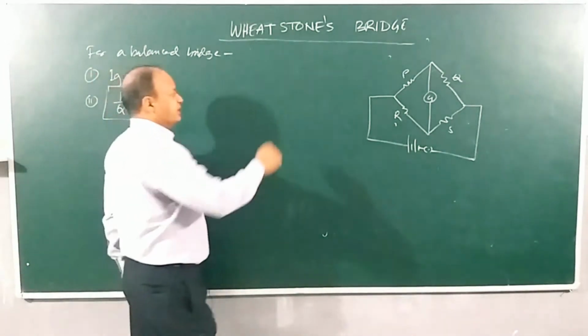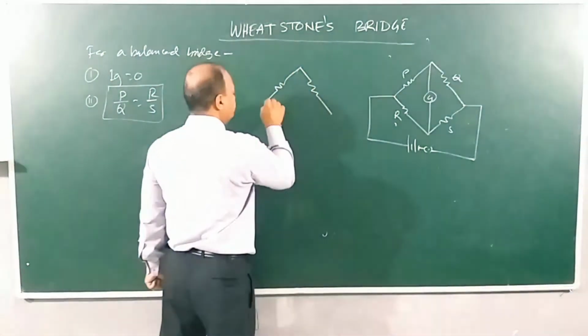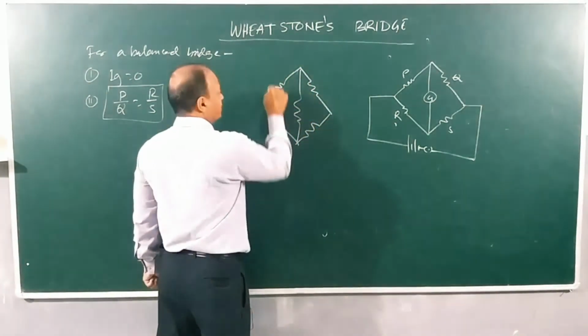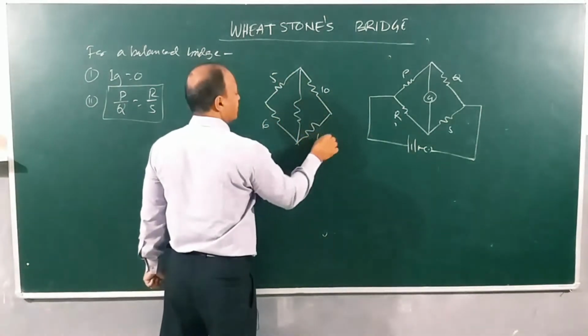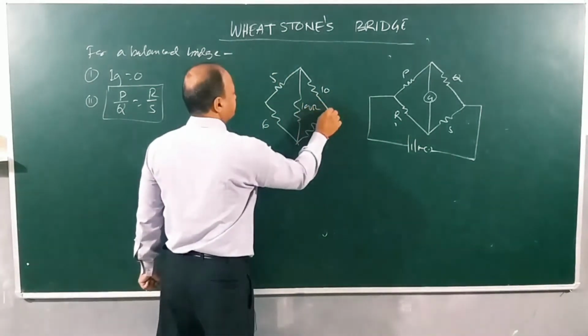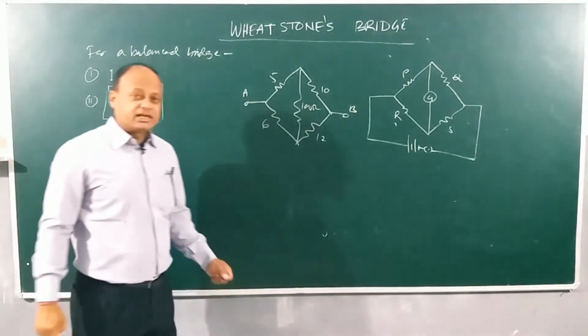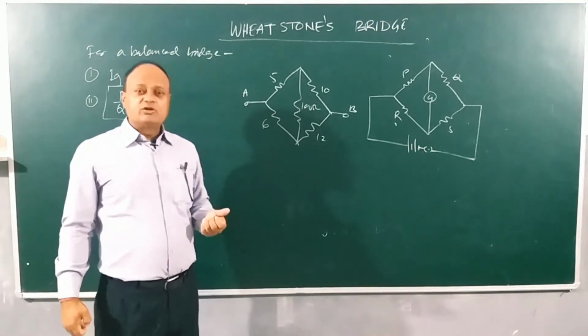Suppose I give you a problem like this. Let's look at this. 5, 10, 6, 12 and this is 100 ohm. A, B. Now when you look at the circuit, you know this circuit resembles Wheatstone's bridge.